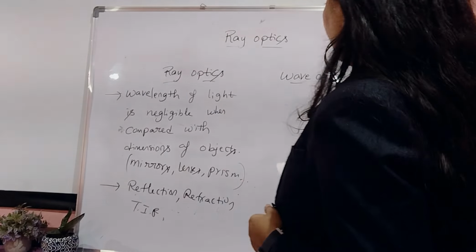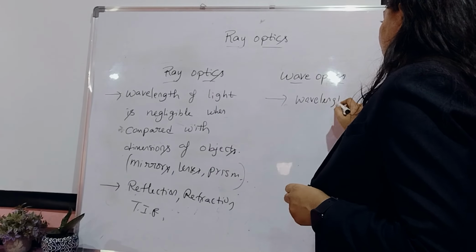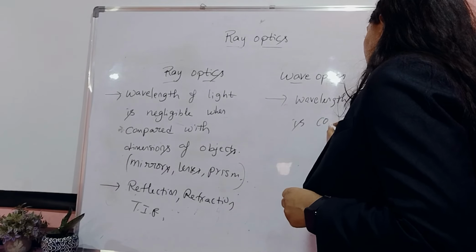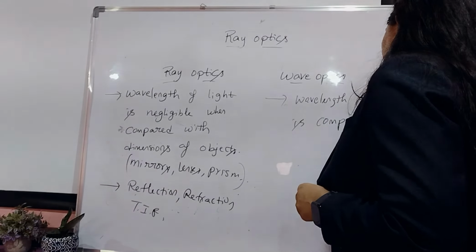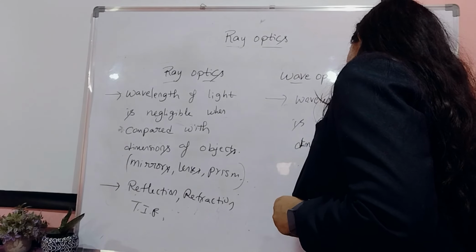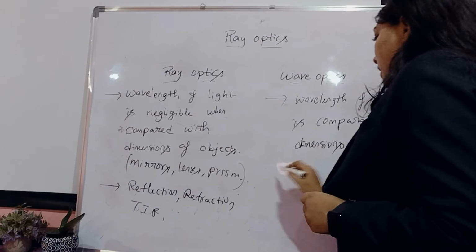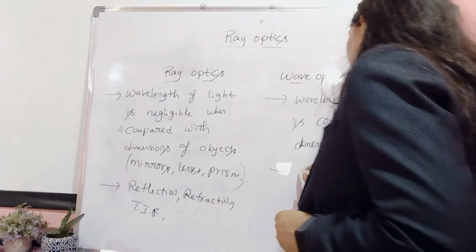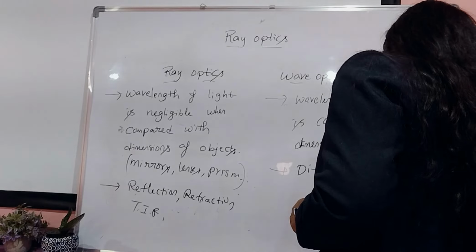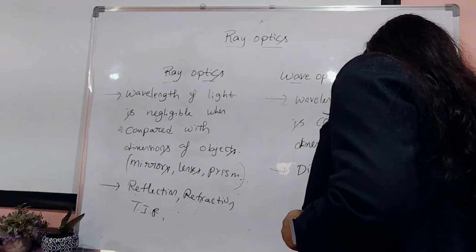And coming to the wave optics, here the wavelength of light is comparable to the dimensions of objects, and here it can explain diffraction, interference and polarization.